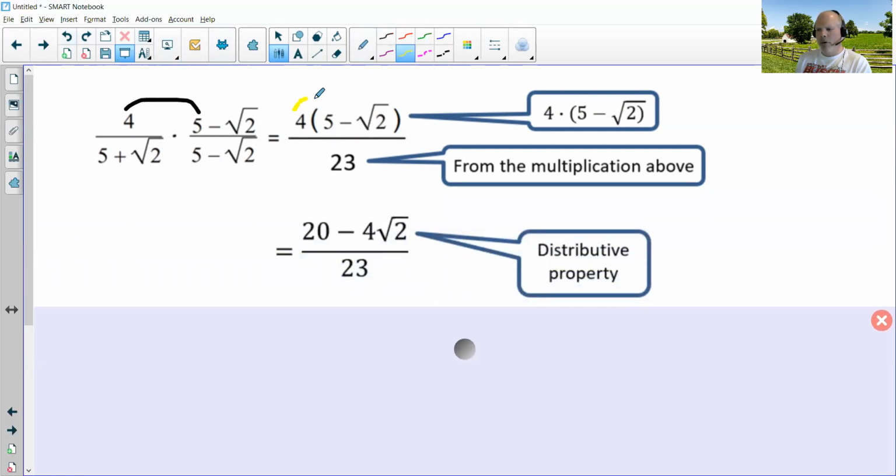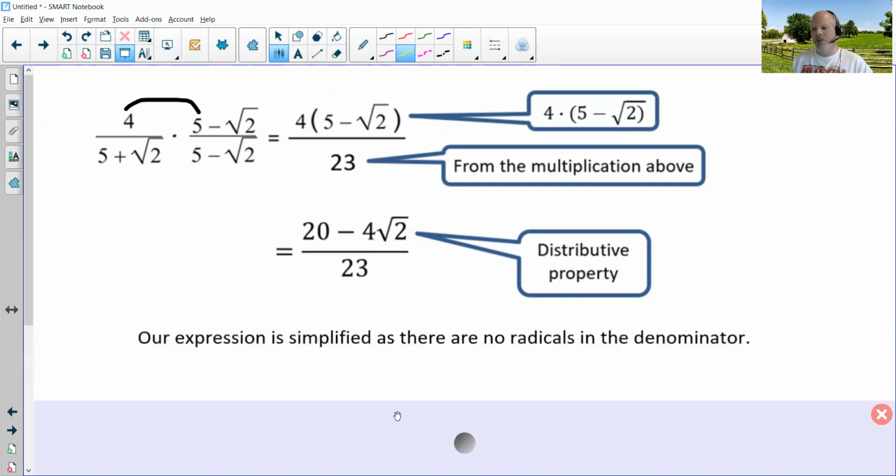So 4 times 5 is 20, and then 4 times negative square root of 2 is minus 4 square root of 2. And we're done at this point because there's nothing else we can simplify. We got rid of the radical in the denominator, and there are no fractions here to reduce. So this is our answer.